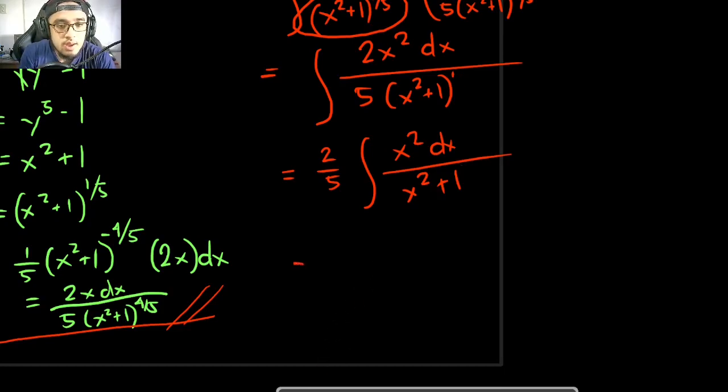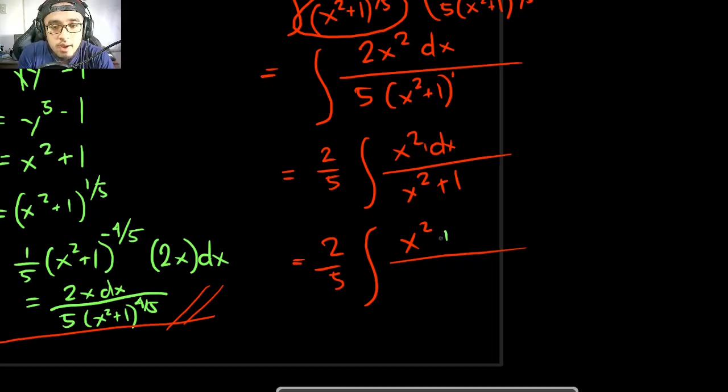This is equal to 2 over 5 times the integral of, since this is x squared and this is x squared plus 1, I would be introducing plus 1 here to make it much simpler. But if you are getting confused with this method, it is better for you to divide via long division. But once again, I would just be doing this: x squared, and I would just be introducing 1 here, so plus 1.